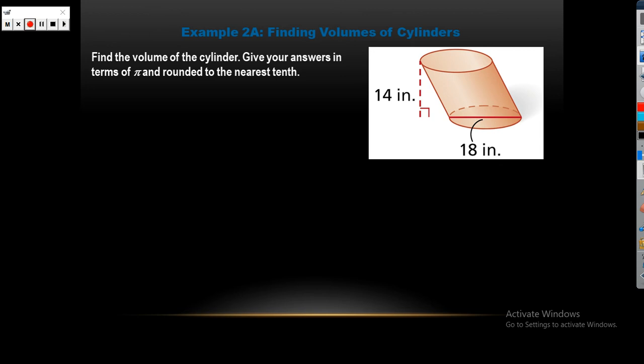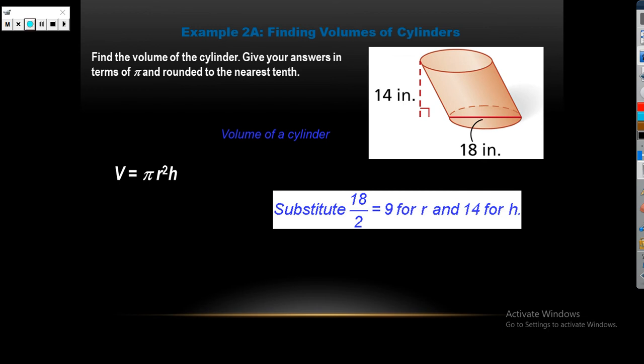The next example is find the volume of the cylinder. Okay, give the answer in terms of pi. I have this cylinder. This is the diameter. It's not the radius. So I need to divide it by 2. So the radius will be 18 divided by 2, which is 9. So now we said the volume is pi r squared times h.